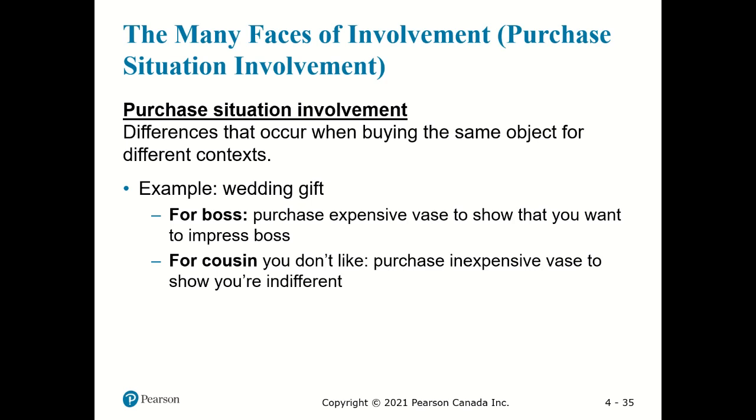So then you will definitely go for buying something which is not so expensive, so as to show your indifference, right? So the product is the same, the motive is totally different. So we can say these are multiple faces of the involvement in the same kind of product.